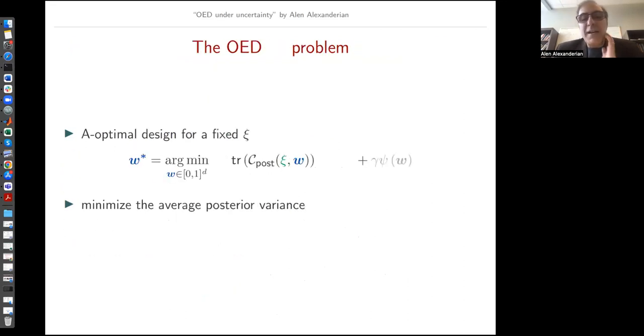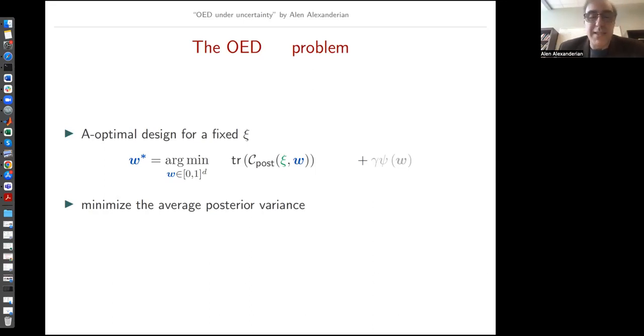Okay, so now I consider an optimal design where we want to minimize the average posterior variance as quantified by the trace of the posterior covariance operator. So we could formulate that optimization problem, but the issue is that it depends on Xi, the solution. For different choices of Xi, I can get very different designs.